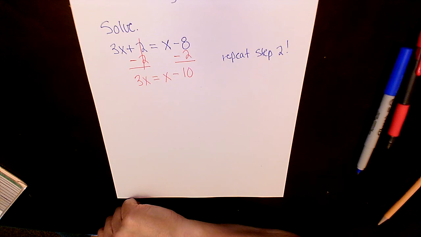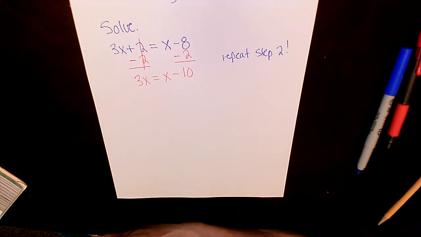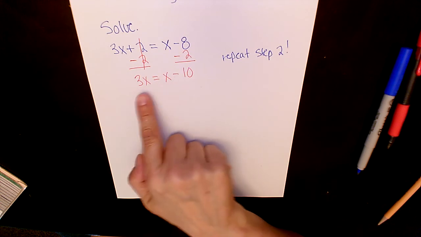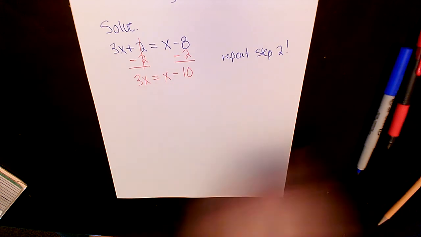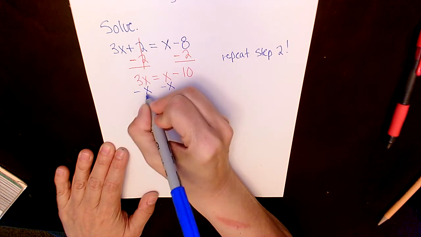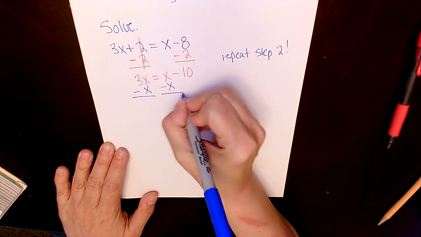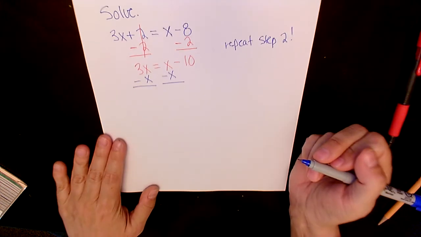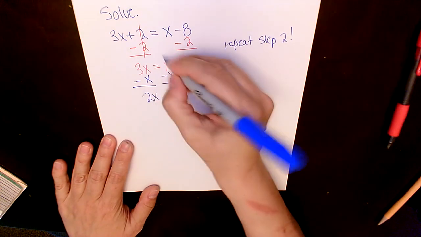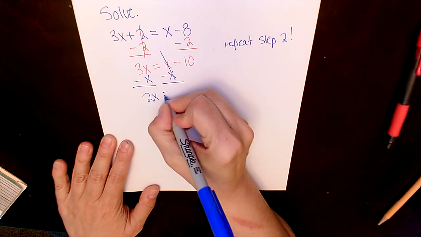So I'm repeating step 2, and then everything else is the same. I want to get x on one side. I'm going to subtract x, and that's a 1x, right? So 3x minus 1x is 2x, and x minus x cancels.